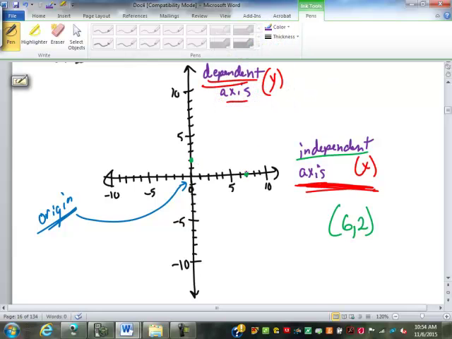So what we do is we look at their projection out into space, their shadows, if you will. And they meet right there. That point that I put in purple, I'll highlight it in red here. If I traced it down to the x-axis, it would be 6. Over to the y-axis would be 2. So that point is at the location 6, 2 on my graph. It represents both numbers.